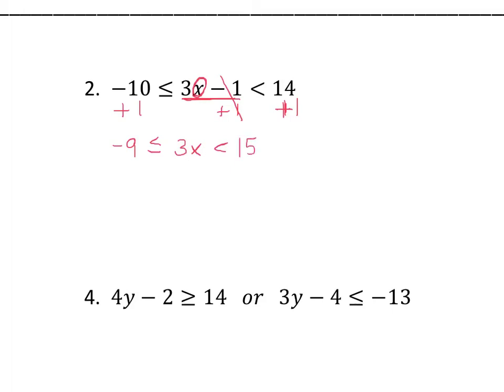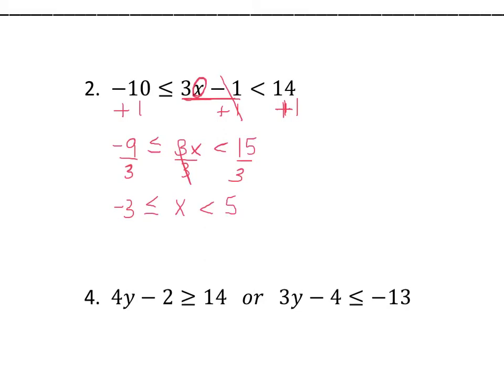Now I need to get rid of the 3, so I need to divide everything by 3. -9 divided by 3 is -3, and that's less than or equal to, those cancel, so I have x, and that's less than 15 divided by 3 is 5.